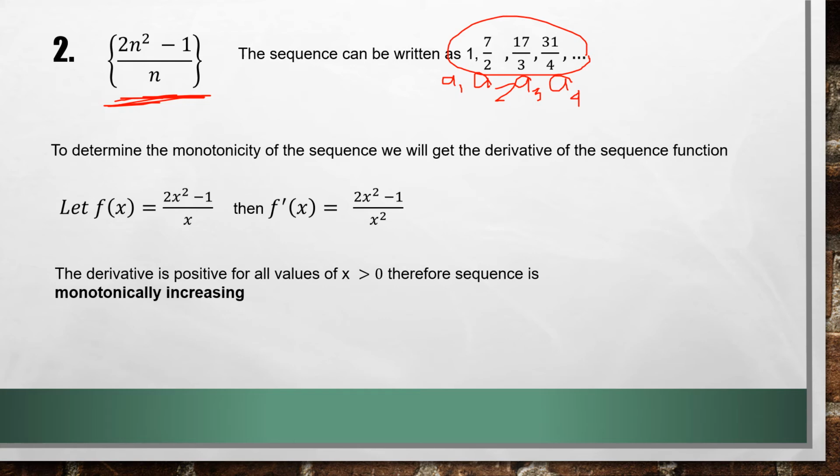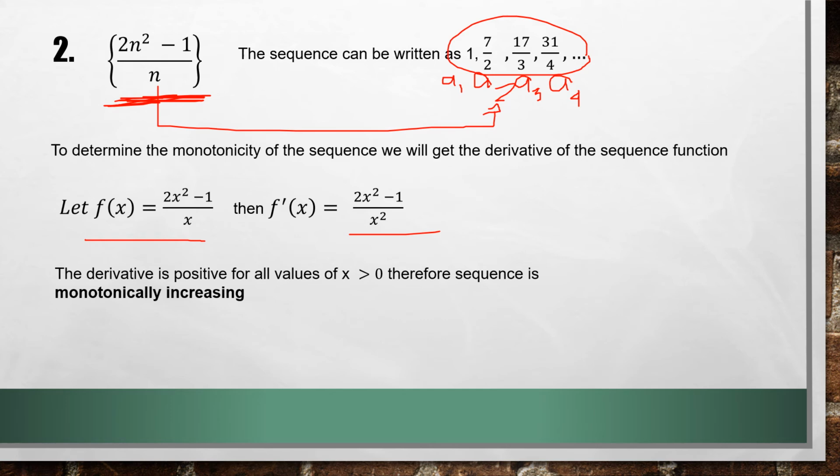Since the sequence is considered to be a function, because for every value of n there is a unique value for a sub n, let f of x be equal to 2x squared minus 1 over x. Then the derivative of it is 2x squared minus 1 over x squared.